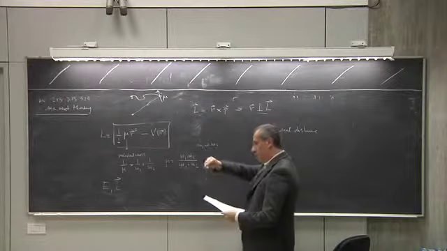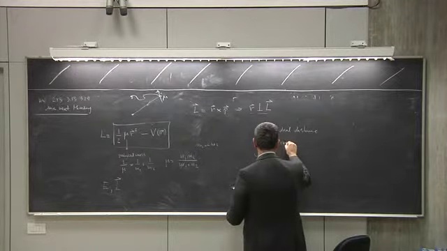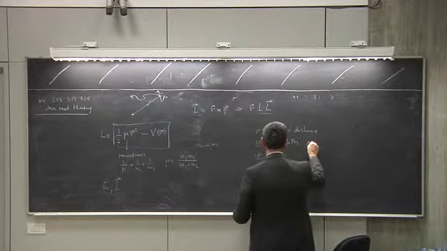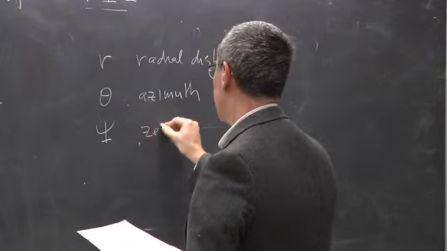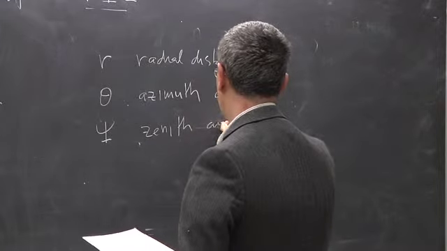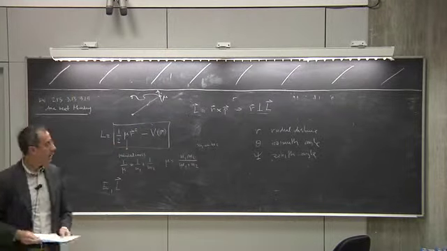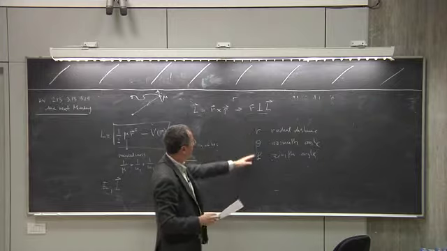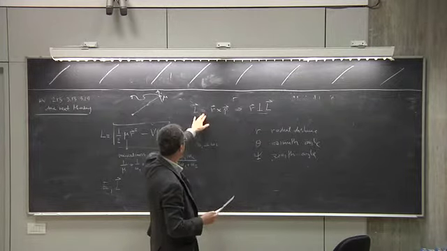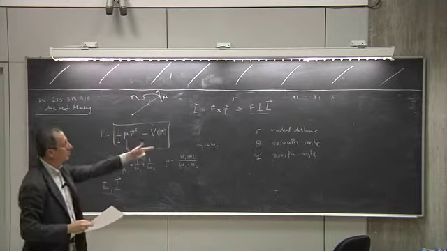So this angle in the plane, I call it the azimuth angle. And the other one is the zenith angle, I guess because the zenith is the direction right above. But you understand that in spherical coordinates, I need three coordinates. But because I'm spending one out of four conserved quantities, I can get rid of one of these.